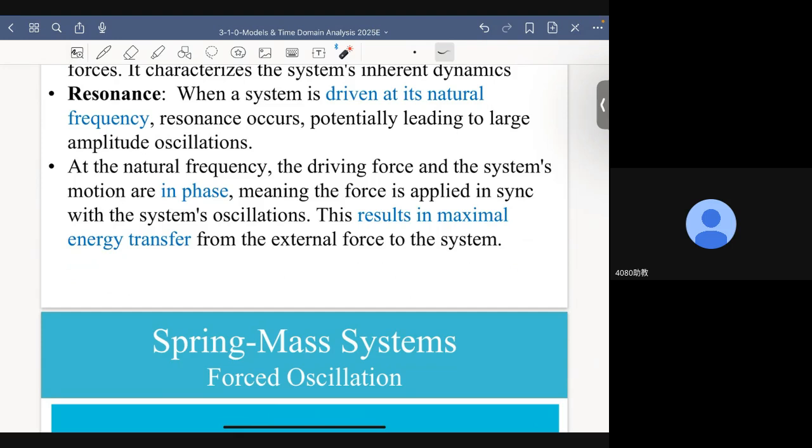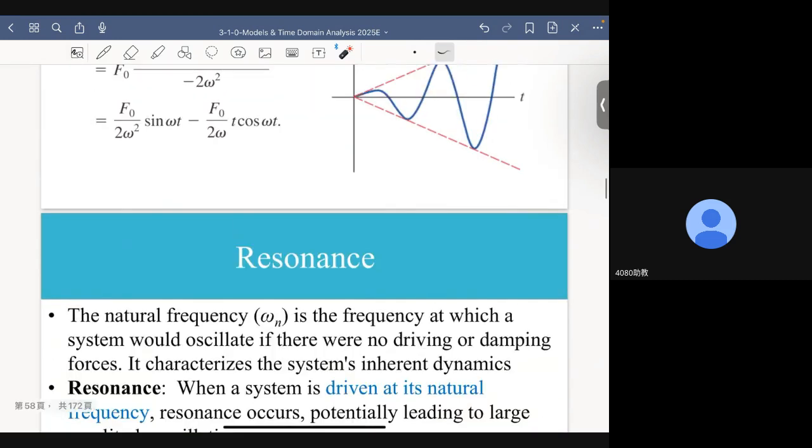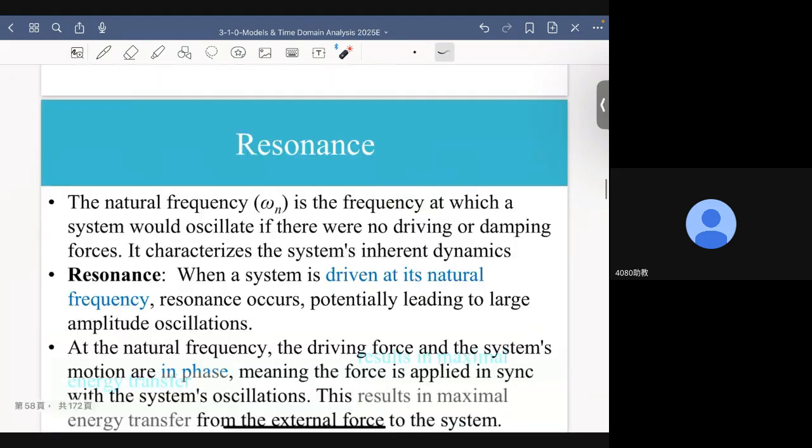So the reason resonance happens is that the driving force and the system motion are in phase, and this results in maximum energy transfer from the external force to the system, eventually leading to this kind of disaster situation.